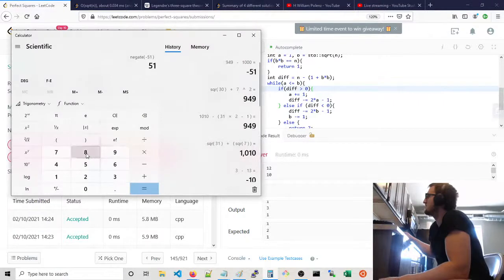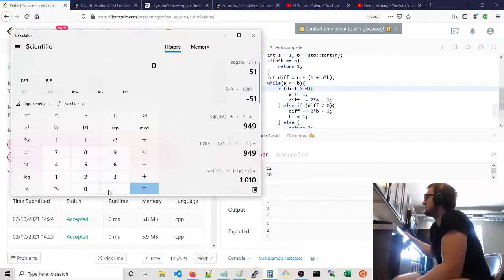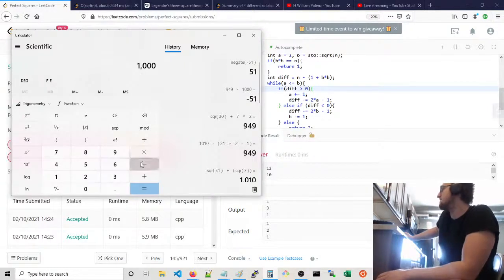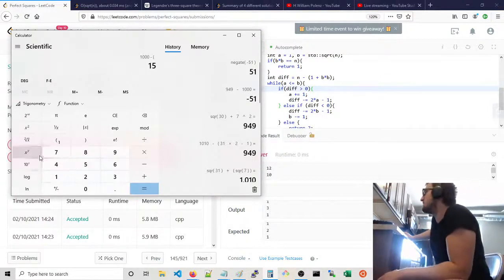What is the pair for 1,000? I don't know, it's 30 numbers, right? 30, let's do like 15 squared. What's 1,000 minus 15 squared? What could these be?